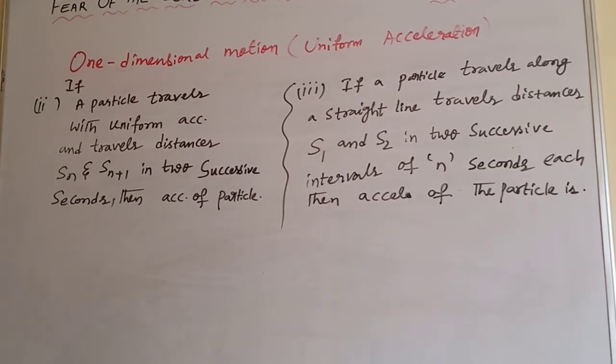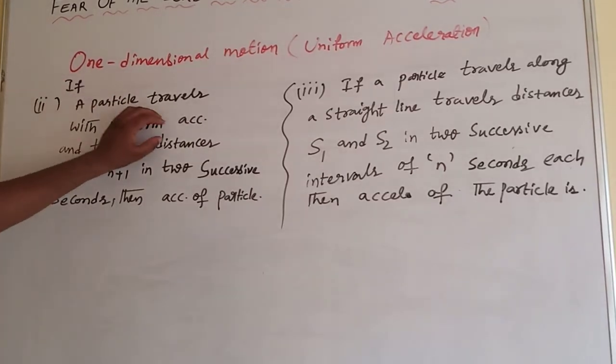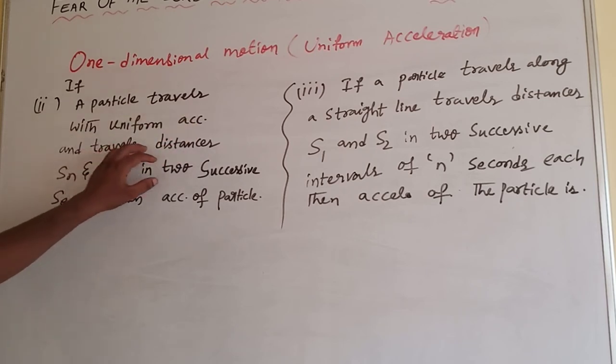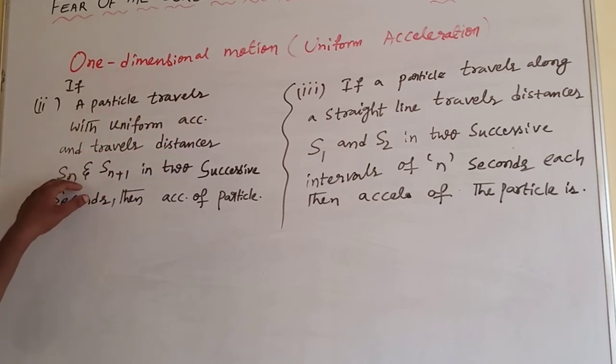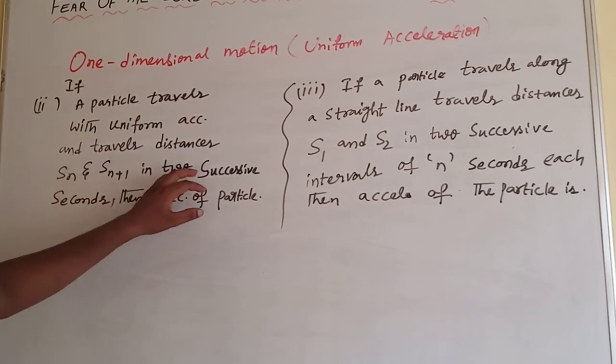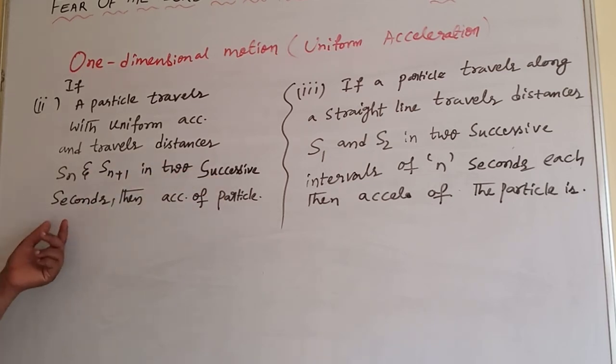Alright, next one. If a particle travels with uniform acceleration and travels distances Sn and Sn plus 1 in 2 consecutive seconds, then what is the acceleration of the particle? So think, what is going to be the formula?